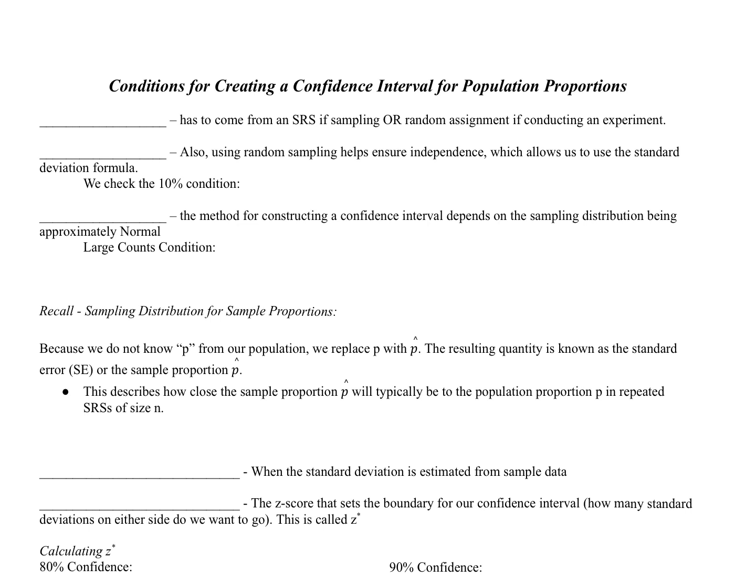All right, so conditions do not change from when we were looking at sampling distributions. So you still have to check that it is random. So either you have an SRS if you're sampling, or random assignment if you're doing an experiment. It still has to be independent.